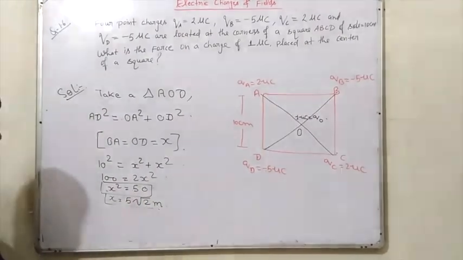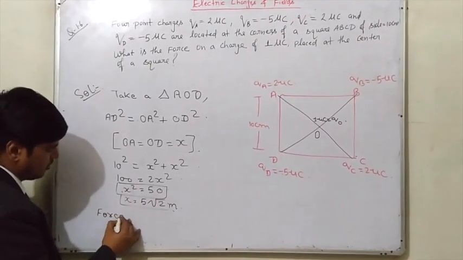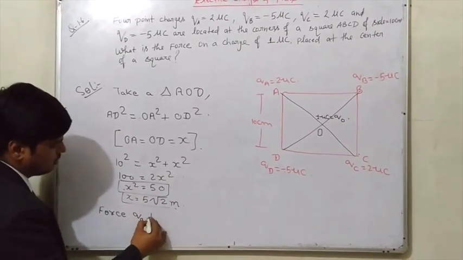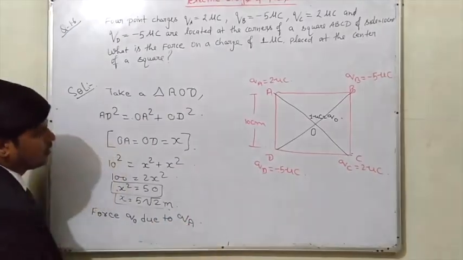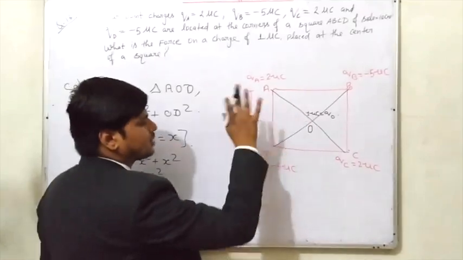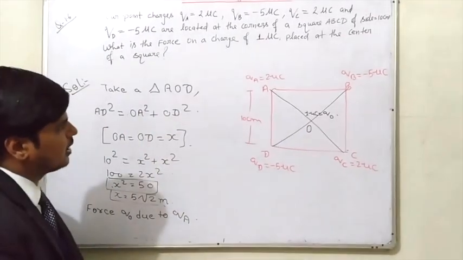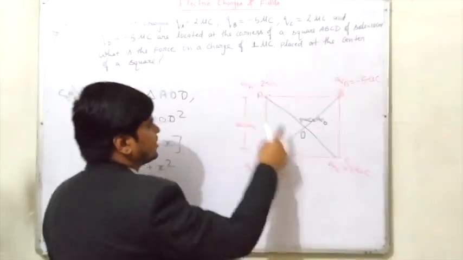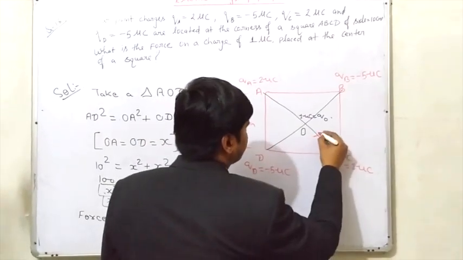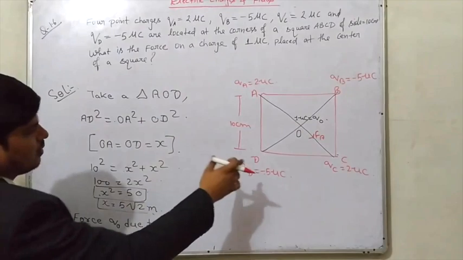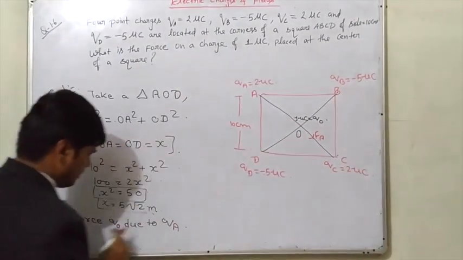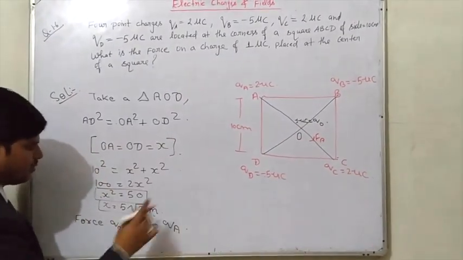Then we get the force on Q naught due to QA. Due to QA, how much force will act on Q naught, and what will be the direction? This is a positive charge, this is also a positive charge, and the direction is FA, that is along OC. Direction of force is along OC.